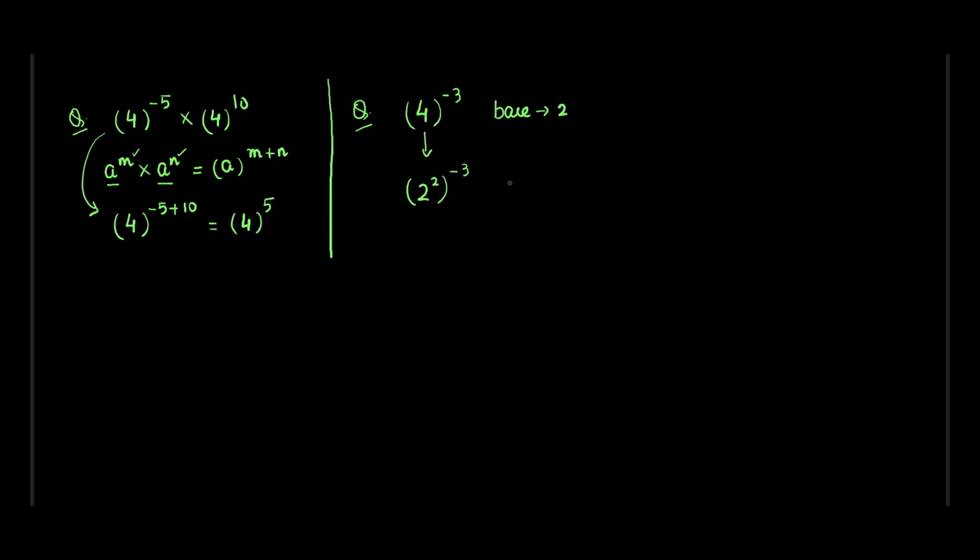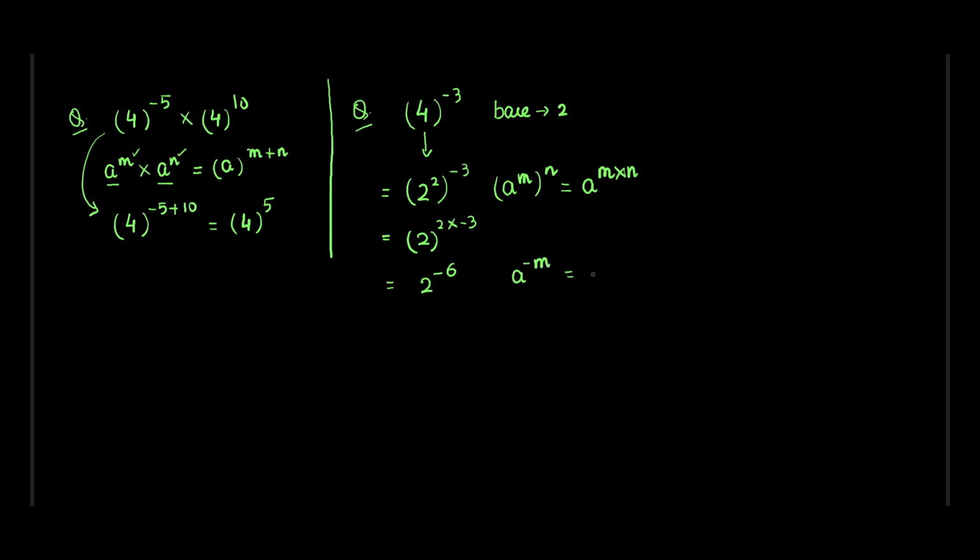Now this question is in the form of A to the power m to the power n is equal to A to the power m into n. So hence it can be written as 2 to the power 2 into minus 3, that means 2 to the power minus 6.